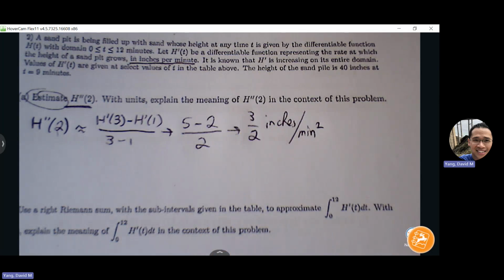So the rate that sand is being added is increasing, right? So it's getting filled up faster and faster, at a faster and faster rate. We're basically indicating that there's an increase in rates.